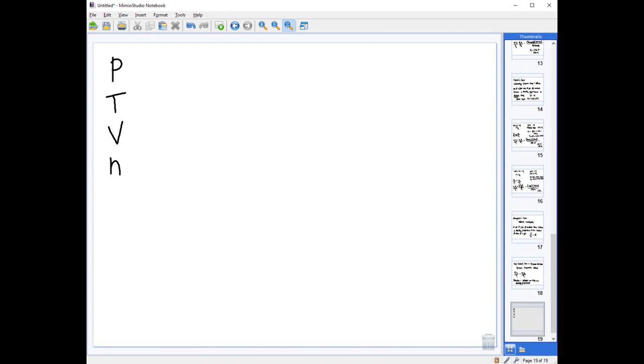But we can put all of these things together. We can take all of these relationships that we know about and put them together into PV equals nRT. Pressure times volume is equal to the number of moles times this constant R times temperature.